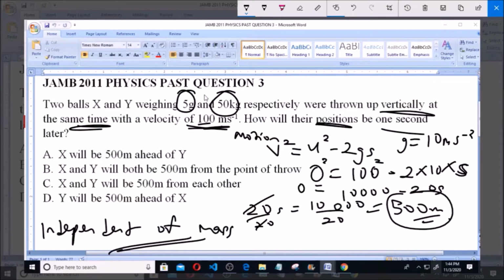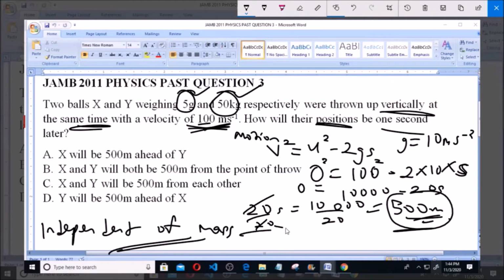So irrespective of the mass of the object, these same parameters will be used, and this is the same result you will get. So irrespective of whether the object is 5 grams or 50 kilograms, if you throw the object up vertically with this velocity, this is the distance it will cover in 1 second.